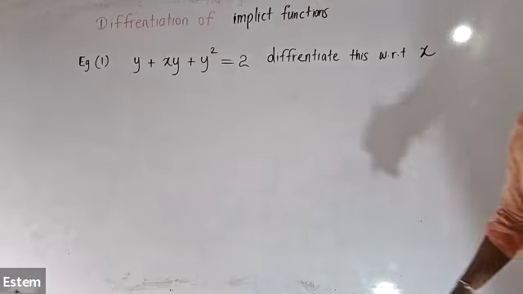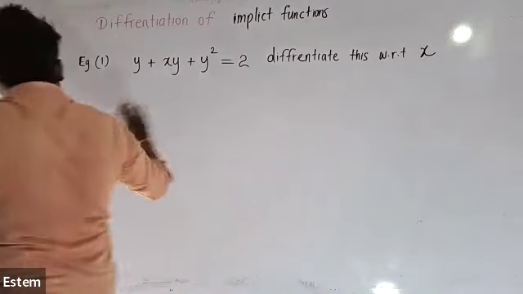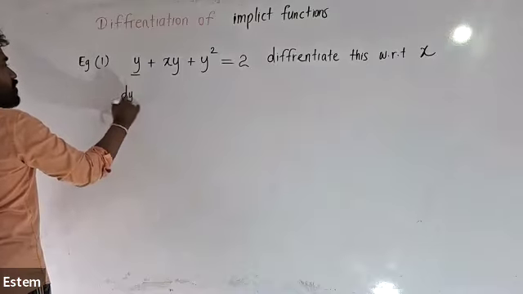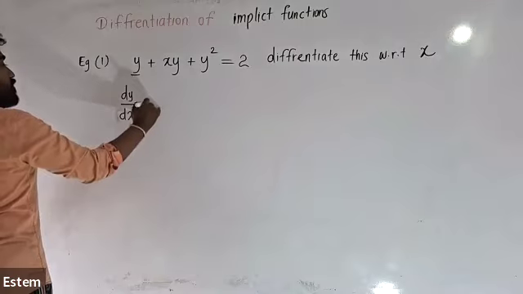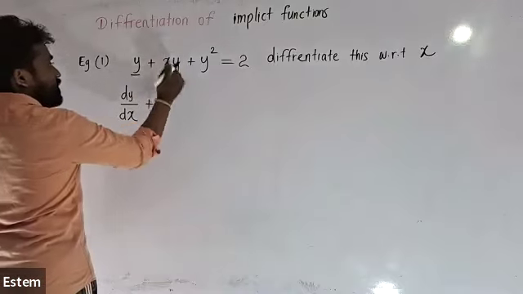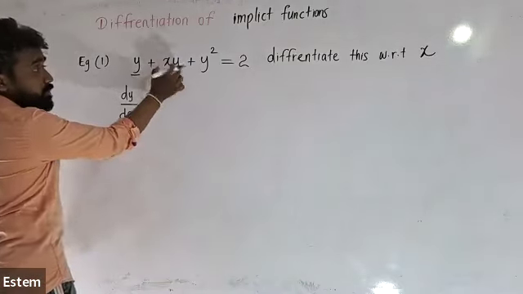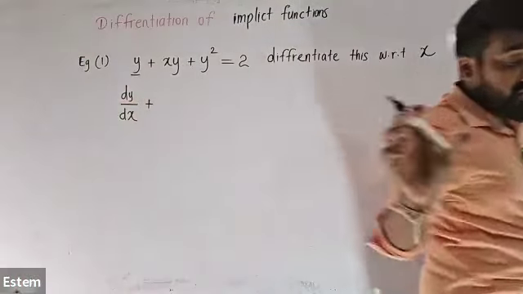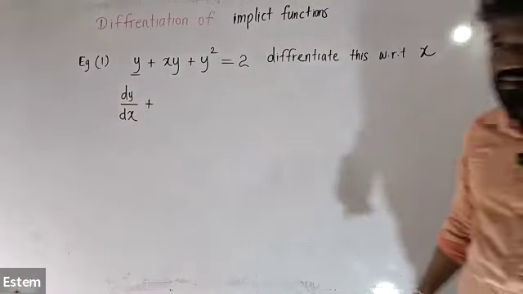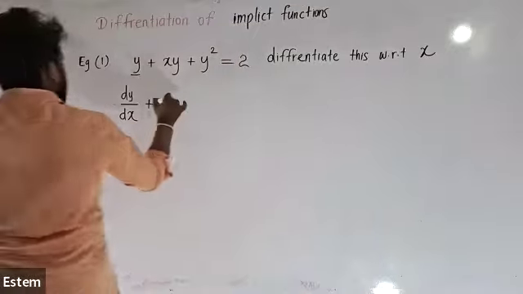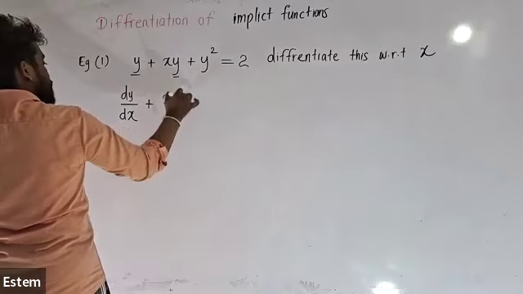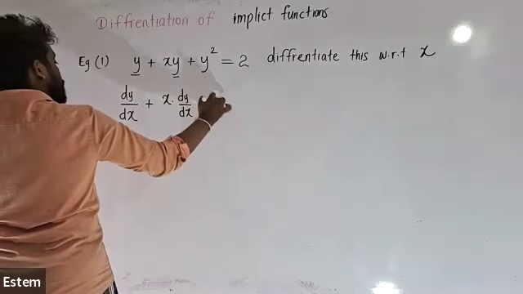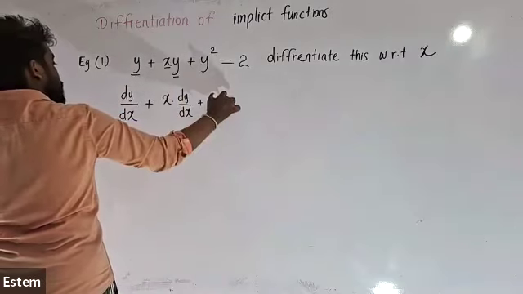Now, how do we differentiate this? Normally. What is the differentiation of y? It is dy over dx. What is the differentiation of xy? This is a product, so we use the product rule. Pick x, differentiate y, then pick y, differentiate x, which is 1.